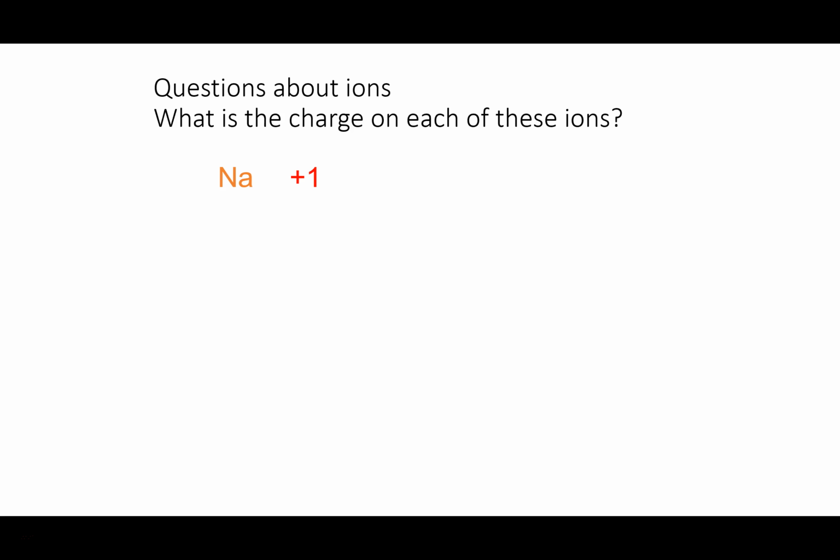So either way. Melissa, find it on the periodic table. Oxygen? -2. Yep. I've got it on my sheet, don't I? Okay. Bromine? -1. Magnesium? +2. And you guys know where these are coming from, right?